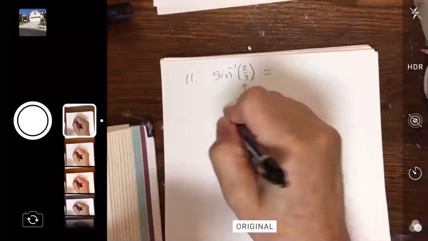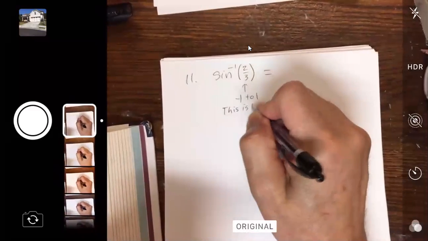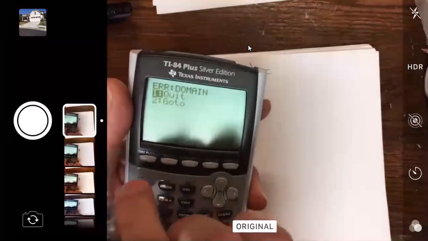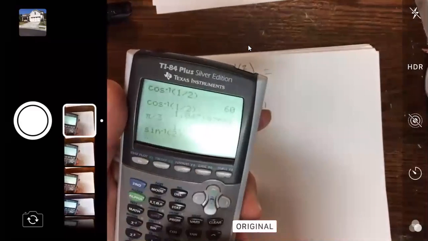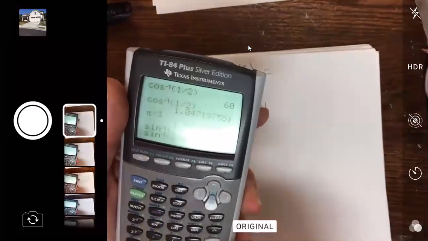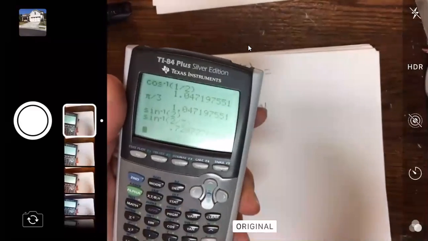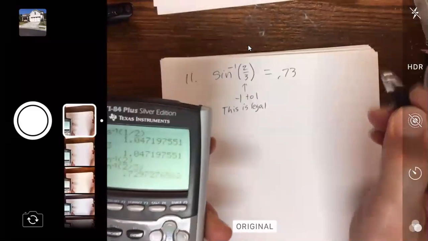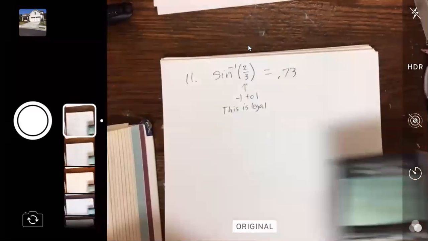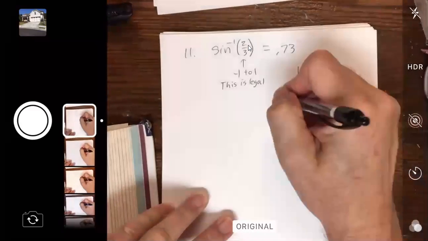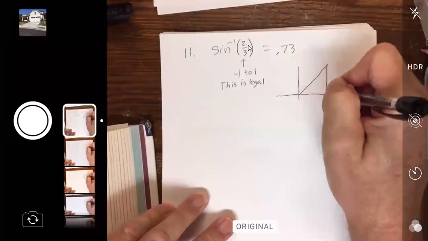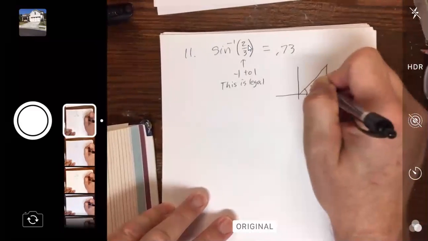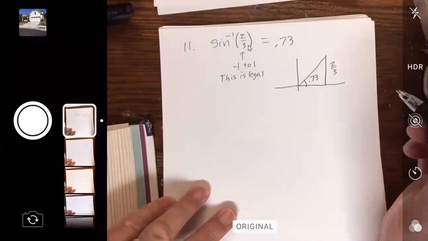So this is legal. Do arcsine of 2/3. You're at 0.73, we'll call it 0.73 radians. It means that you've got a y coordinate of 2/3 and your angle is 0.73 radians.